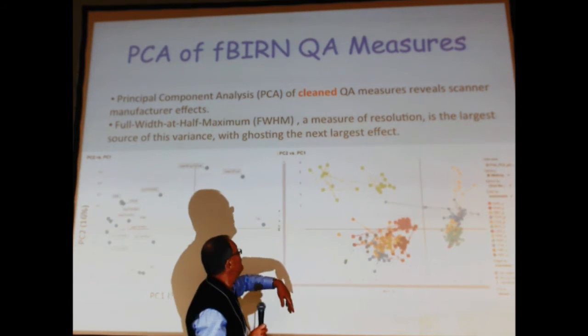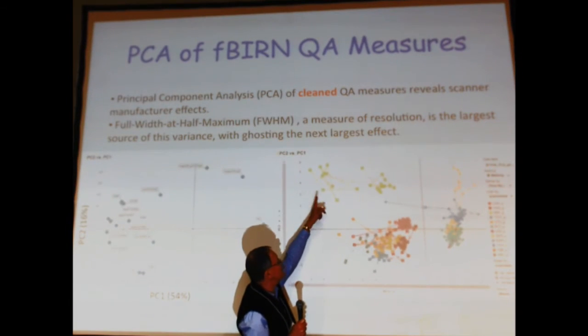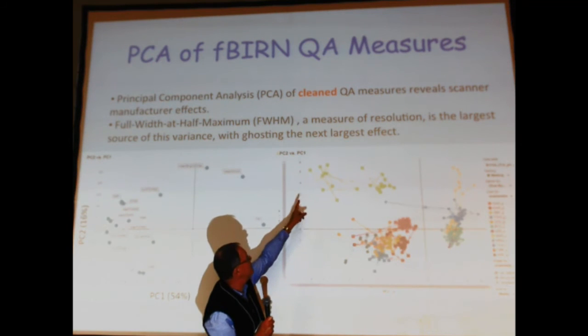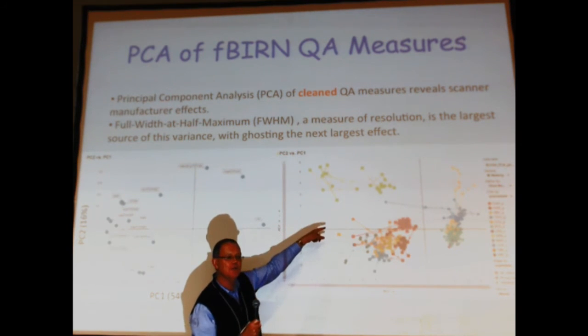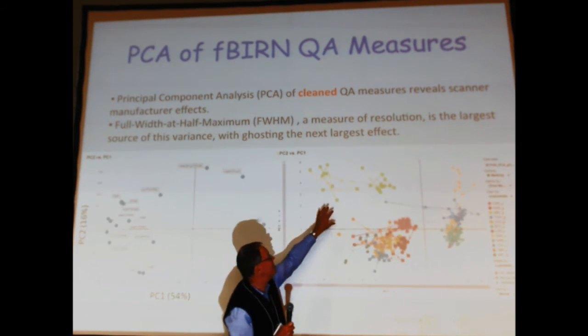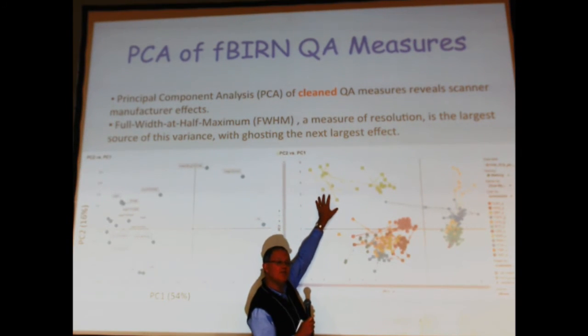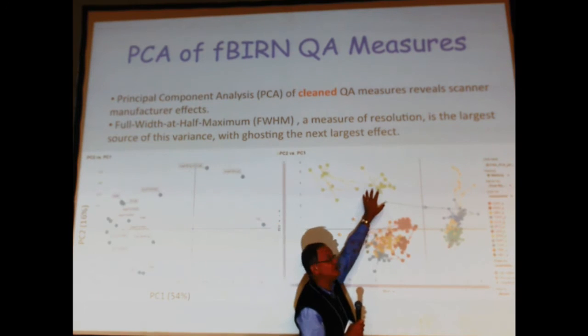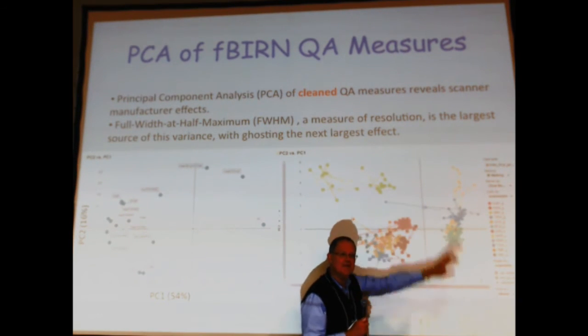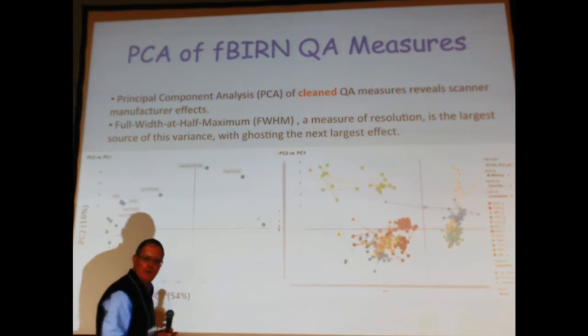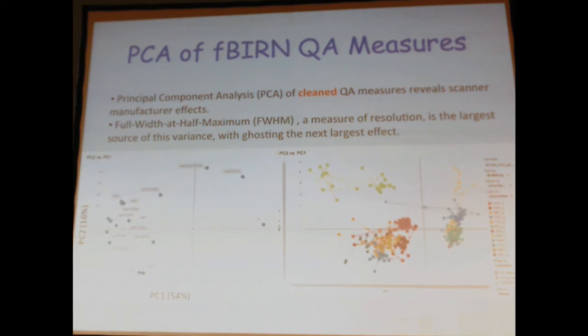I have no idea if you can see, but you can actually track time in this because there are lines with arrowheads joining. So this is a scanner that sat over here for about a year and then went through some spontaneous conversion process and decided to wander over here. And that was being used all that time as a research scanner for all sorts of studies, including clinical trials.